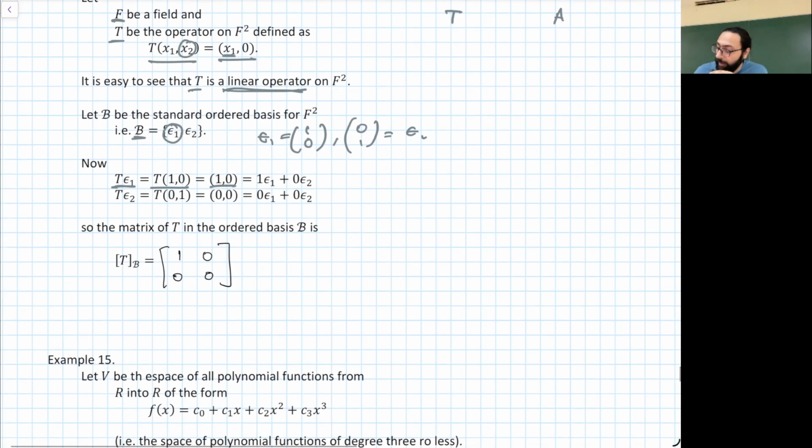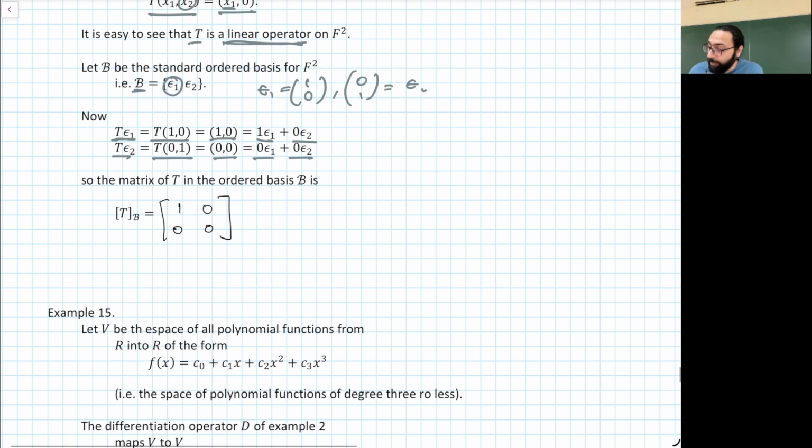So one can write this as a linear combination: 1 times epsilon 1 plus 0 times epsilon 2. Is this fine? Okay. And then T of epsilon 2, T acting on (0, 1), what would this be? We're just removing the second component. So this is 0.